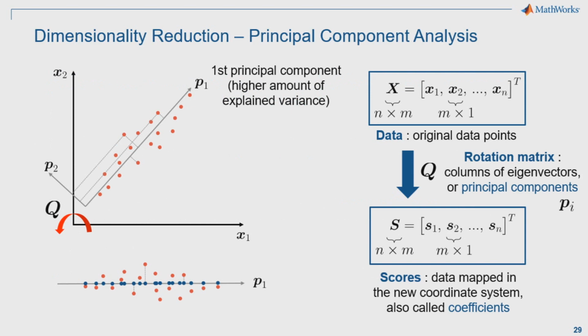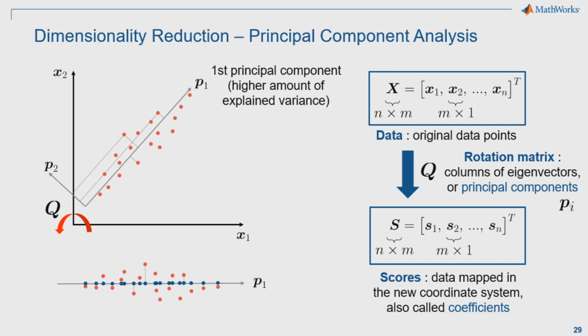So the first approach that I want to show you to deal with dimensionality reduction is principal component analysis. Principal component analysis is a simple statistical method which aims to find the directions of the dataset in which we have a higher amount of explained variance.